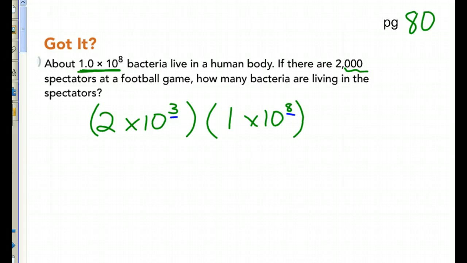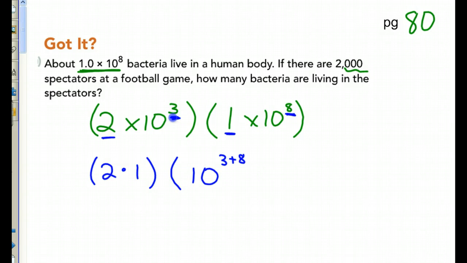Now notice our exponents. Our exponents are 3 and 8, but we're multiplying, so it doesn't matter. With multiplication, we multiply our two coefficients, so 2 times 1. Then we're going to add our exponents, so this is 10 to the third plus 8.